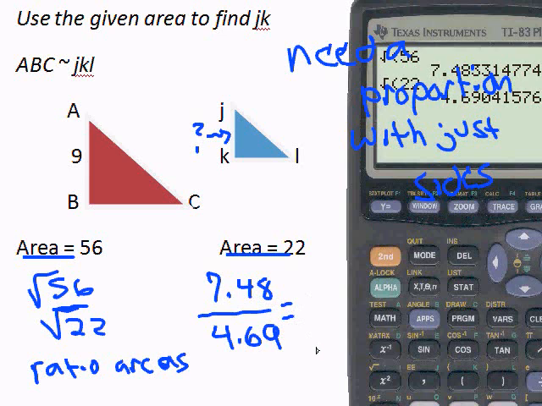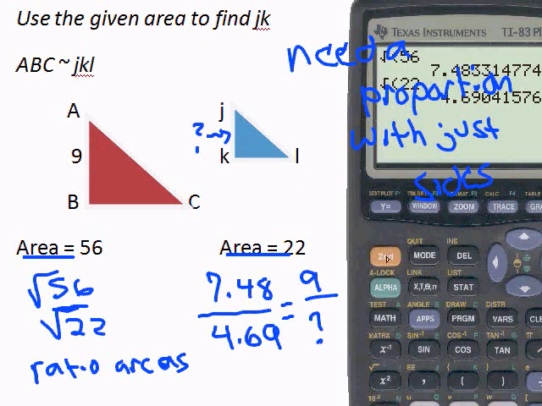We can make that equal to, in this case I went from the larger triangle to the smaller one. So the larger triangle is 9, over the smaller triangle length we don't know. So again, all I did was find the ratio of the side lengths by taking the square root of the ratio of the areas and then made it equal to the side length I know over the side length I don't know, going from large to small.